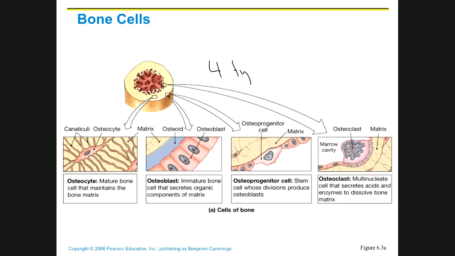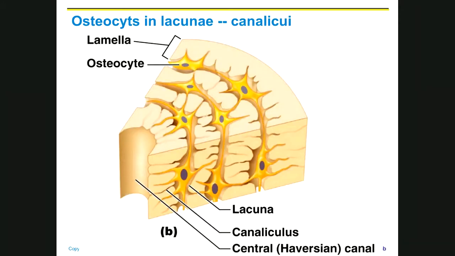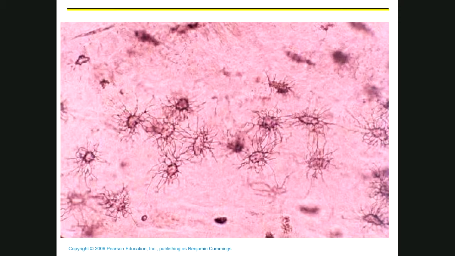So here's a nice little summary slide. Shows you what they look like. Tells you some stuff about them. So Johannan says only osteoclasts are multinucleated. That's exactly right.